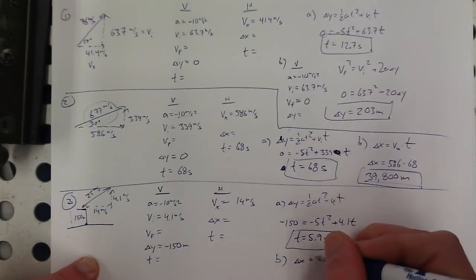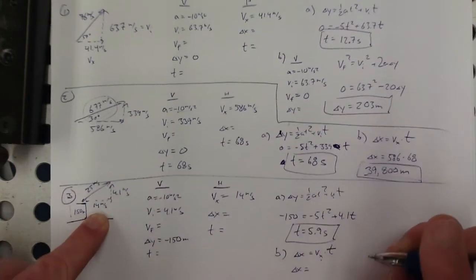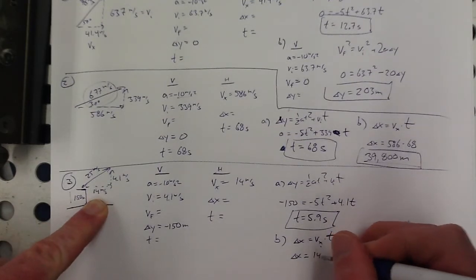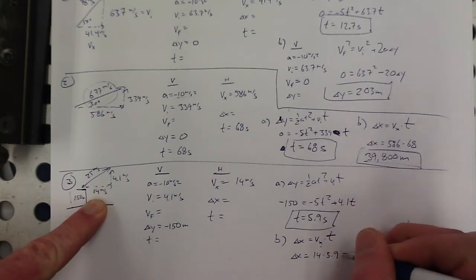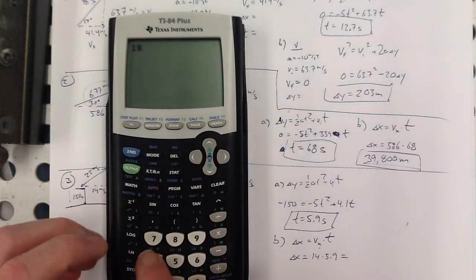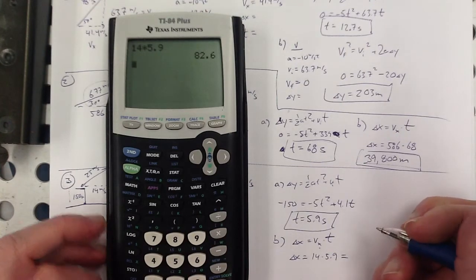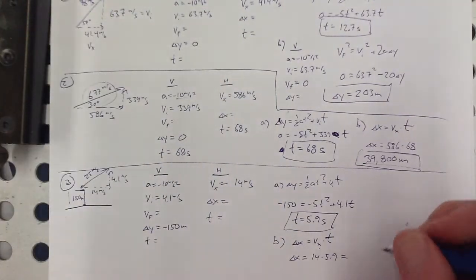Delta X is equal to Vx times T. Vx is 14. T is 5.9. That's about, I'm going 2 sig figs in this one, so I'll call that 83 meters.